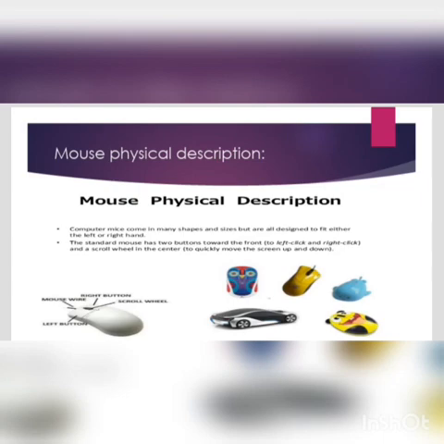A usual mouse has two buttons. The left click and right click are the main functions of these buttons. In addition to these two buttons, a mouse also has a scroll wheel in the center. The main function of the scroll wheel is to quickly move the screen up and down.